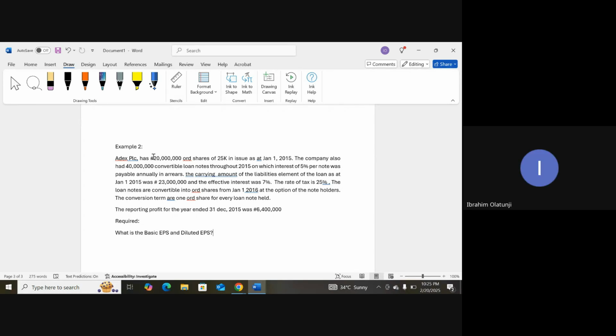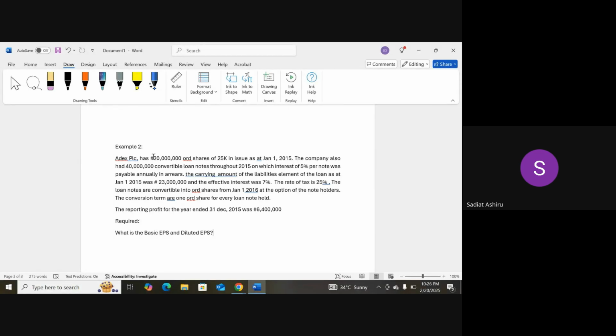20 million naira ordinary shares of 25 kobo in issue as at January 1st, 2015. The company also had 40 million convertible loan notes throughout 2015, on which interest of 5% per note was payable annually in arrears.